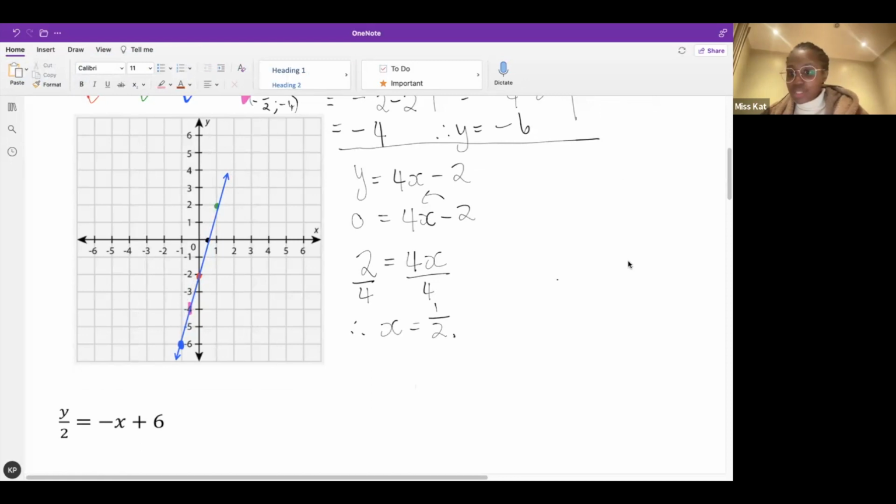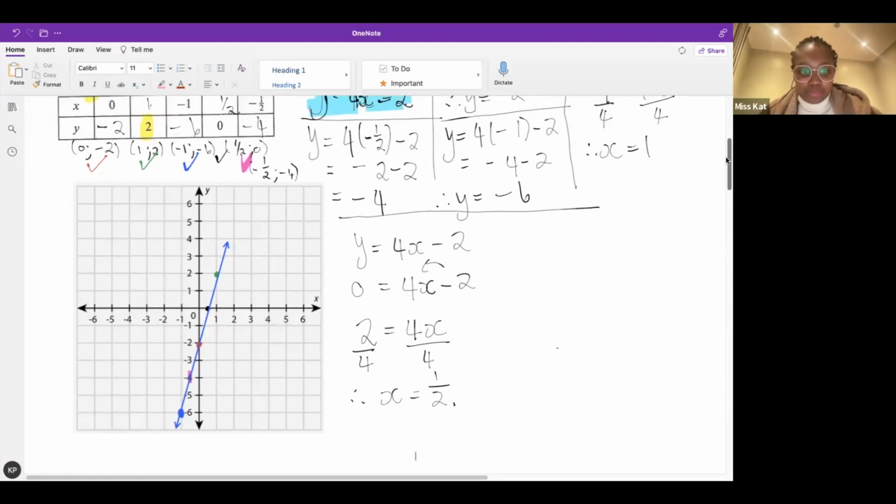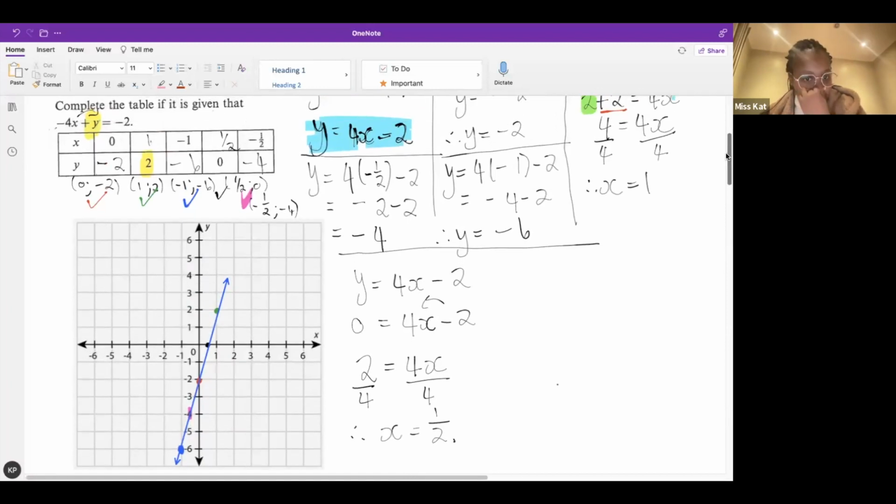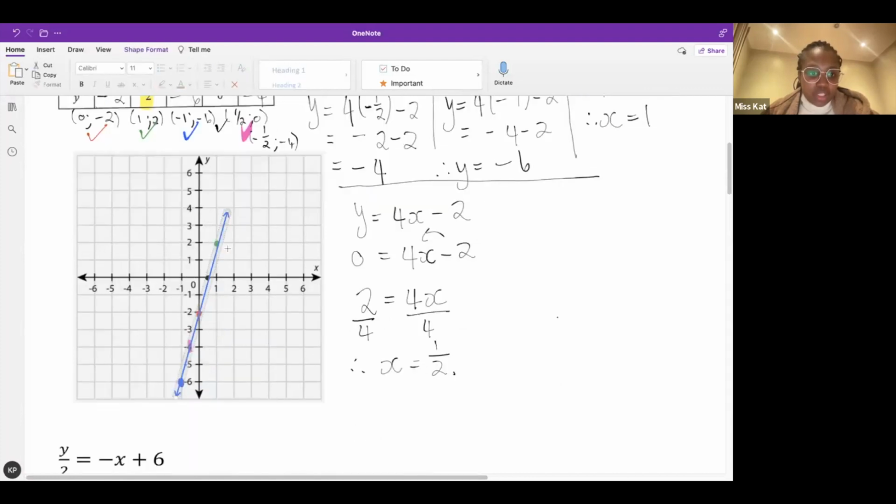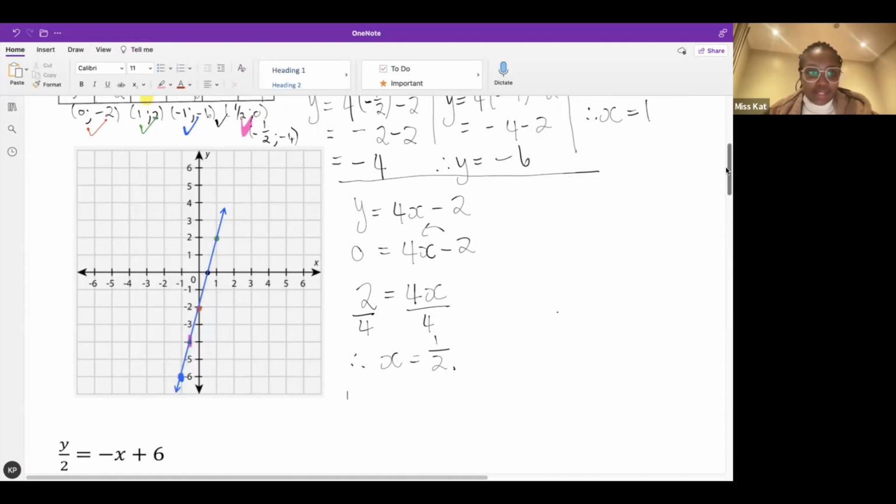Check in. Okay, Kwesi's hand is up. Kwesi, do you have a question? Yes, ma'am, when you asked the intercept, I don't understand how you figure it out. Okay, Kwesi, remember intercept means where does the graph cut my axis, right?